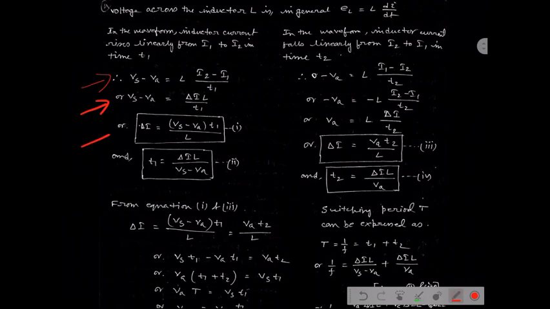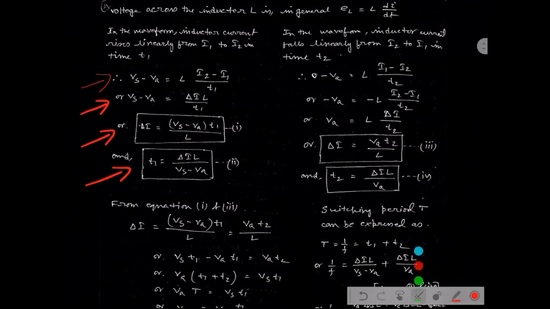Ultimately we get the result delta I equals (Vs minus Va) into T1 by L, equation number 1. Similarly, we can write equation number 2, in which T1 equals delta I into L by (Vs minus Va).